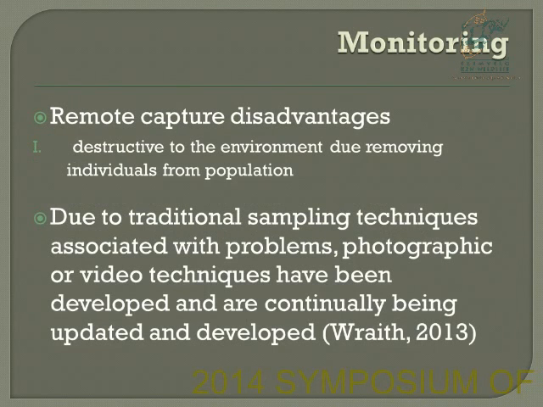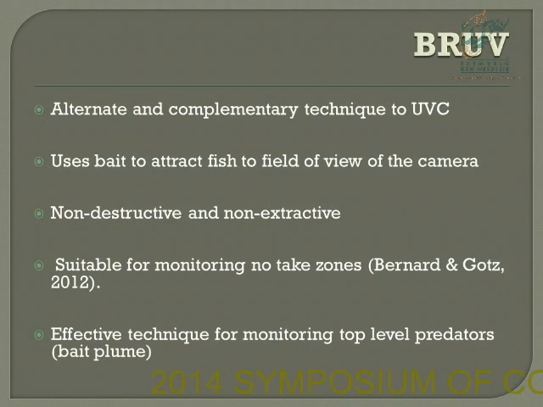Remote capture is destructive to the environment due to removing individuals from the population. Now, due to the traditional sampling methods having some problems, it has come to attention that photographic and video techniques have been developed, and they are still developing as we are doing the research underwater.